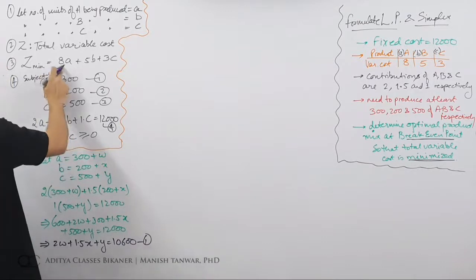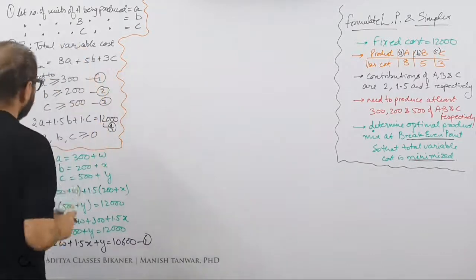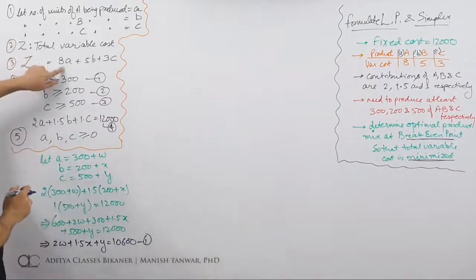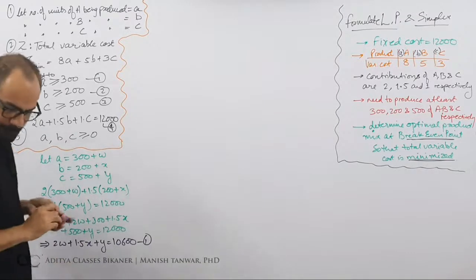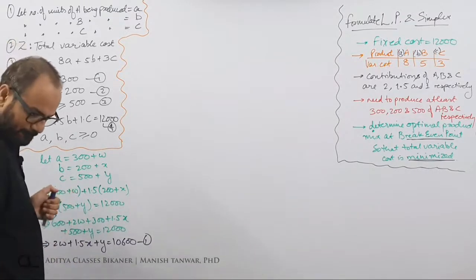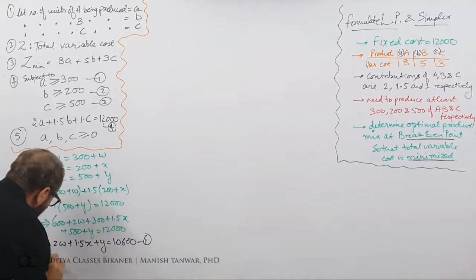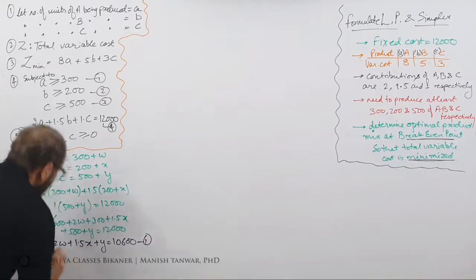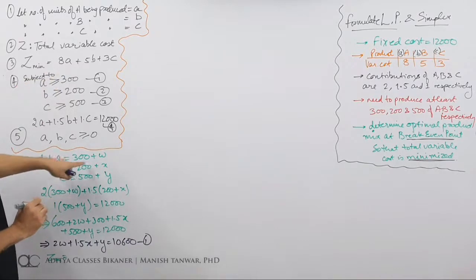What about the objective function? Objective function is 8a plus 5b plus 3c. Now if I make substitutions, the objective function will become z-min is equal to 8a. A has been replaced by this thing.